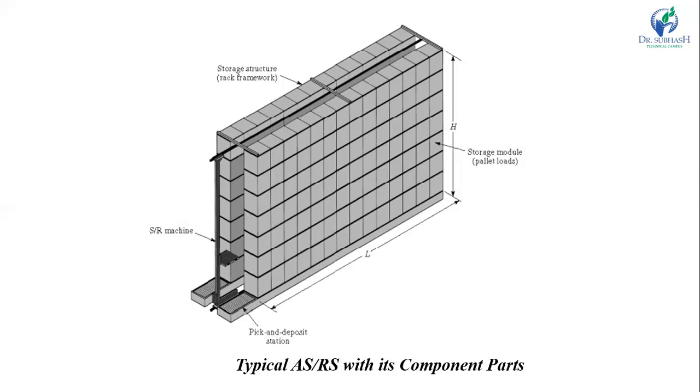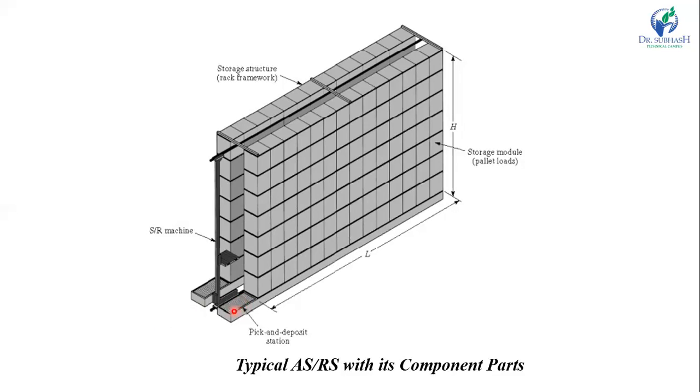The system can be linked to other external devices such as automated guided vehicles for transferring material in trays or pallets to the shop floor or palletizing stations. Here you can see the typical ASRS with its components. The incoming items are first stored and assigned to pallets.